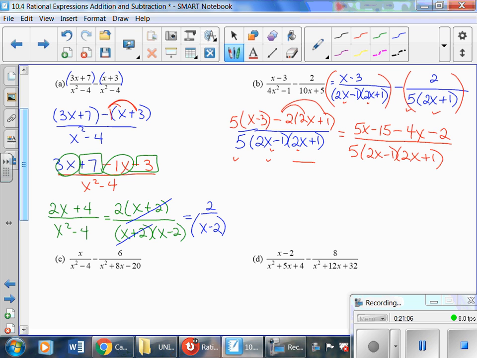Now let's simplify this. Just erase some of our little check marks here so we can move downward. So our common denominator is still 2x minus 1, 2x plus 1 times 5 over. And here I'm just going to do some combining. So I get an x, and I have negative 15 and negative 2, which is minus 17.